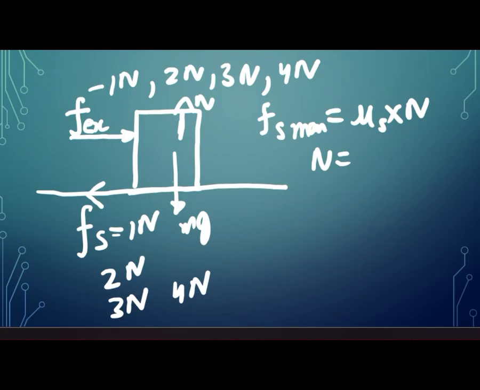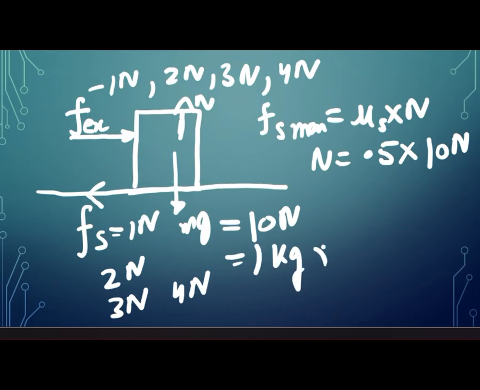So if you're given the value of the coefficient of static friction, say 0.5, and you're given the value of mg also, for example, 10 Newtons, the weight is 10 Newtons. It's a 1 kg mass, multiplied by 10 meter per second square acceleration due to gravity.